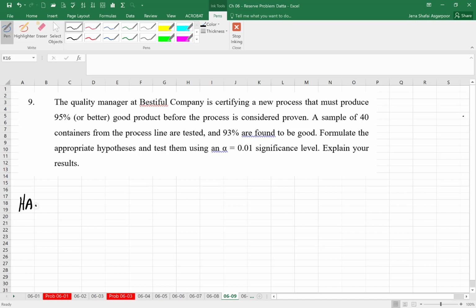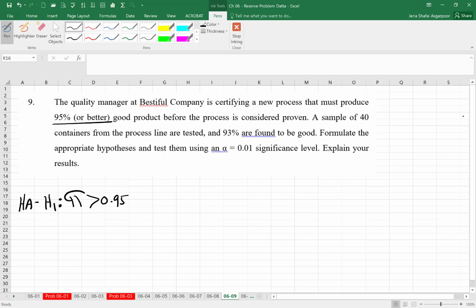Sometimes it's called H sub 1, or sometimes it's called H sub A. But anyways, the alternative hypothesis is what the researcher is really testing for. There's some question that he believes may be true and he wants to test it. In this case, it's pi, or the population proportion, is greater than 0.95.